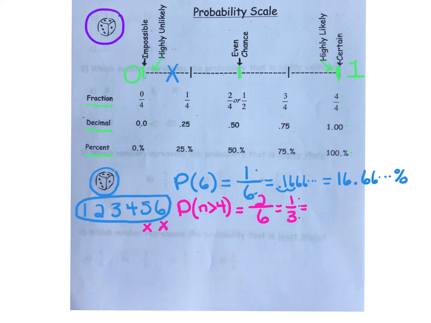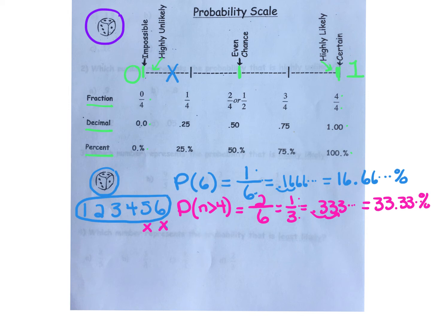1 divided by 3. You should have gotten the decimal 0.333 repeating. And when we multiply that by 100 and convert it to a percent, it's 33.33 percent.